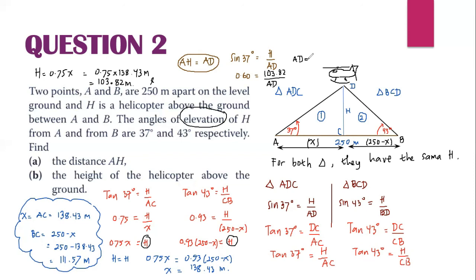We got 173.03 meters. Done for this one. So the distance AH is A to helicopter. We notify here is 80, so the distance is 173.03 meters. Okay. Done.